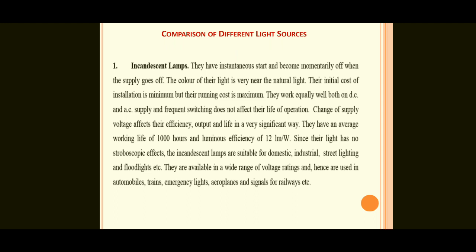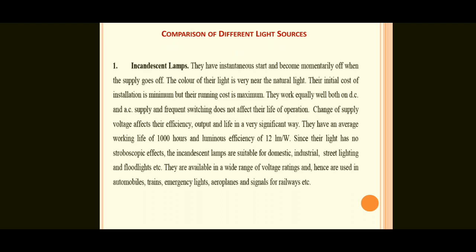Change of supply voltage affects their efficiency, output and life in a very significant way. So when the supply voltage changes, the output and life also change. When voltage fluctuations take place, on and off like that, and the supply goes on and off, the life of the bulb is very low, and the life of the operation will also be affected.